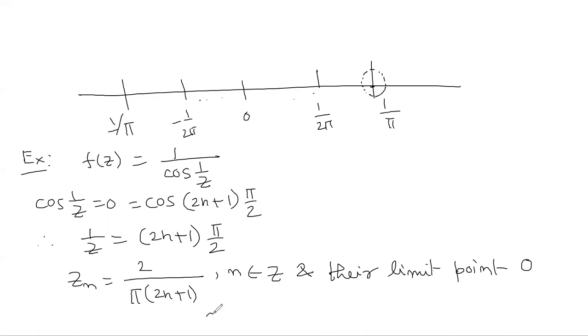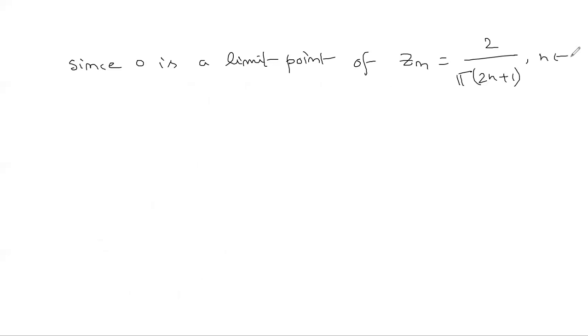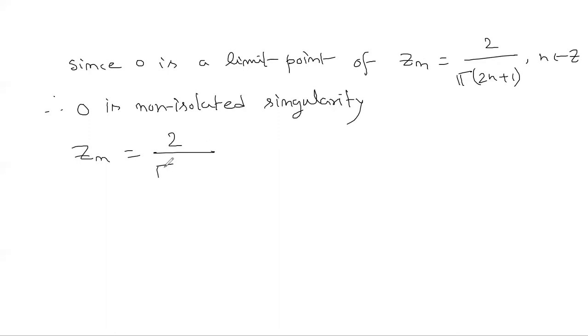So these are the singularities of f(z). Like the previous sum, since 0 is a limit point of z_n, that is 2 by pi (2n plus 1), 0 is a non-isolated singularity, and all z_n are isolated singularities.